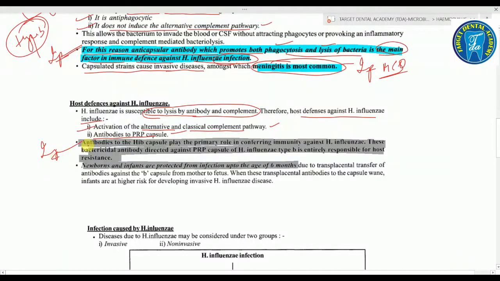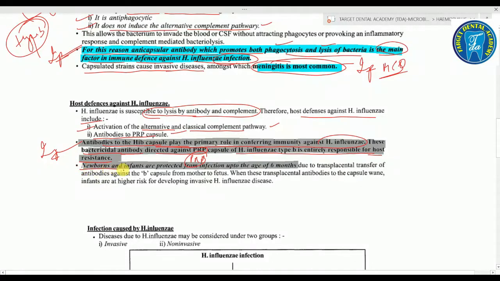Important: antibodies to the Hib capsule, the Haemophilus influenzae type B capsule, play the primary role in conferring immunity against H. influenzae. These bactericidal antibodies directed against the PRP capsule of H. influenzae type B are entirely responsible for the host resistance.